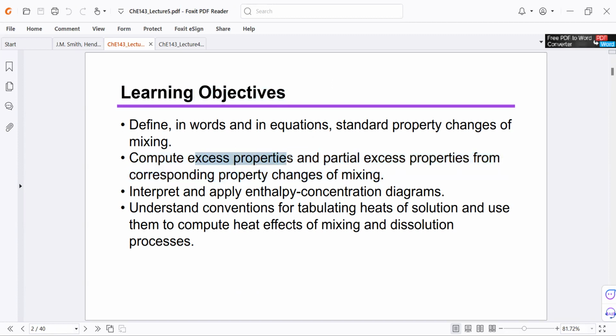So we're still going to talk about excess properties, which we dealt with in the previous lecture under solution thermodynamics. Interpret and apply enthalpy concentration diagrams, understand conventions for tabulating heats of solutions, and use them to compute heat effects in mixing and dissolution processes.